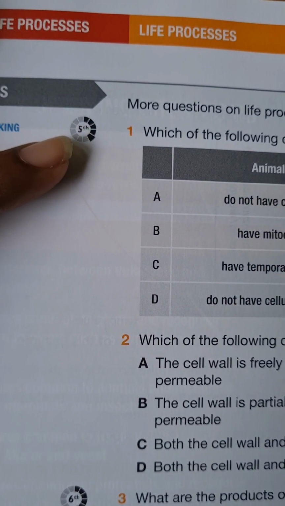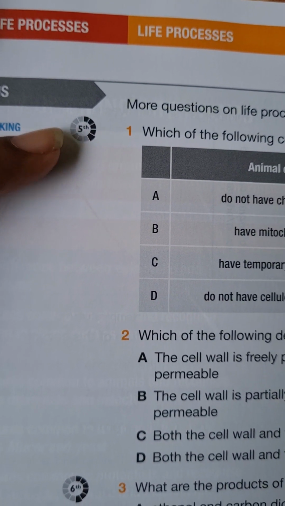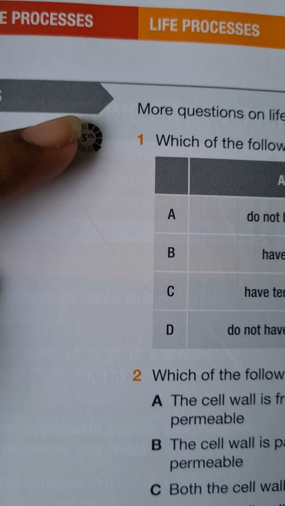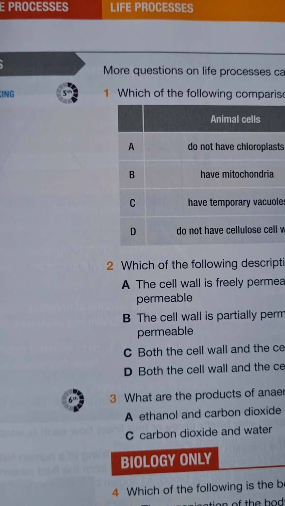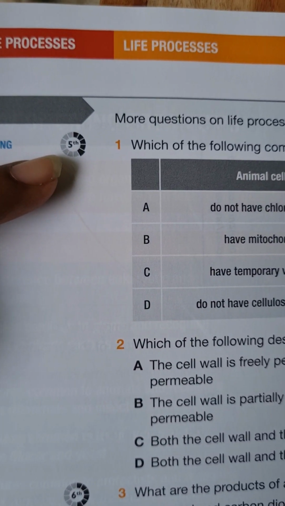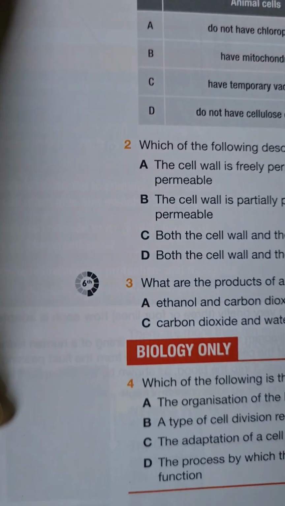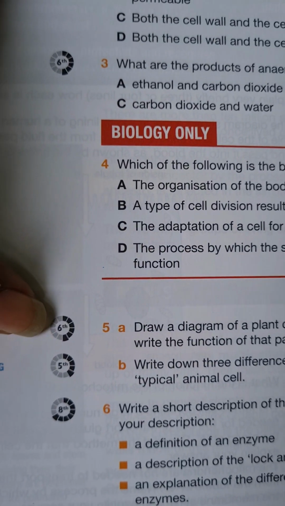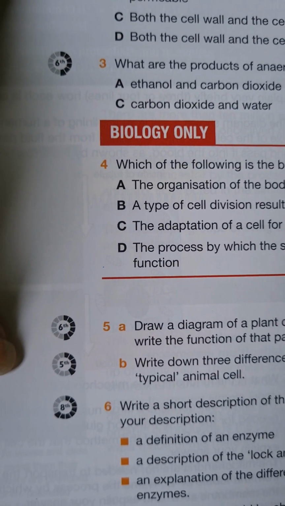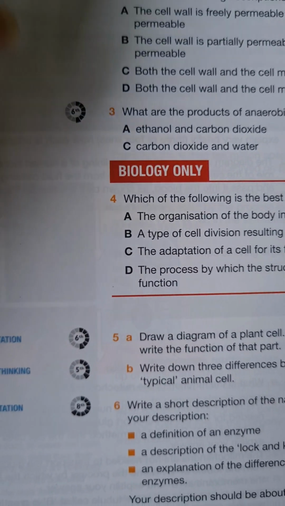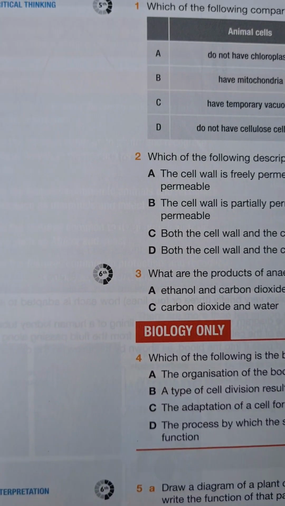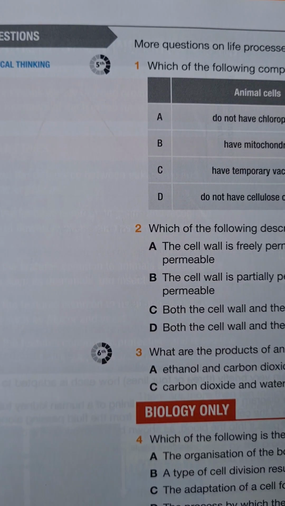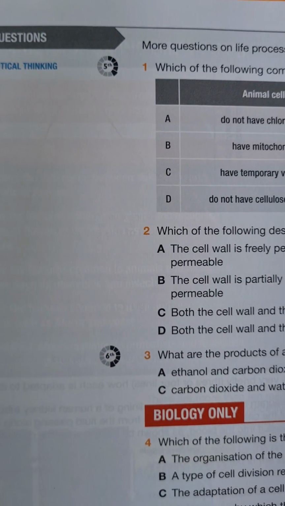When you do the questions, you will see these progression icons. These progression icons tell us the degree of difficulty of the question. Some might be of the 5th degree, 6th degree, right? Some questions are really short, and the gravity of the question is small, so the difficulty is less.